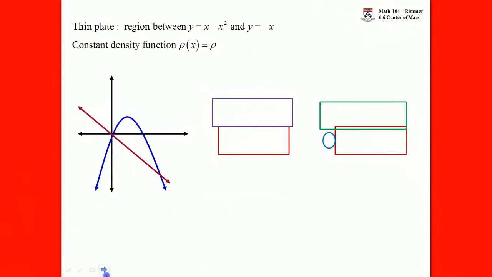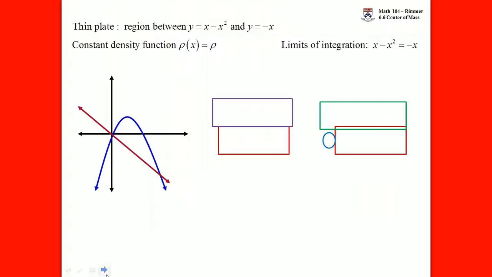We'll go with our formulas from the previous slide. What we need are the limits of integration. Where does this thing start and end? All the intervals are with respect to x. They're going to cross at 0, and they're going to cross someplace else, and we just need to find that.